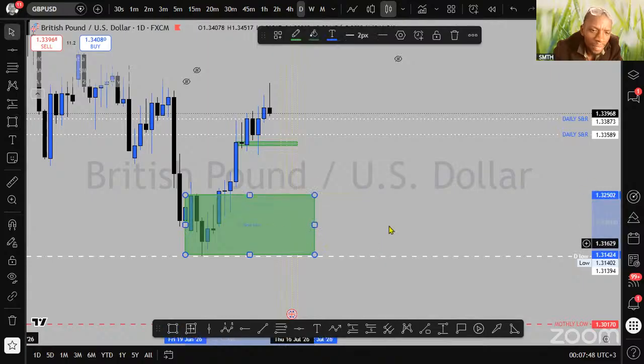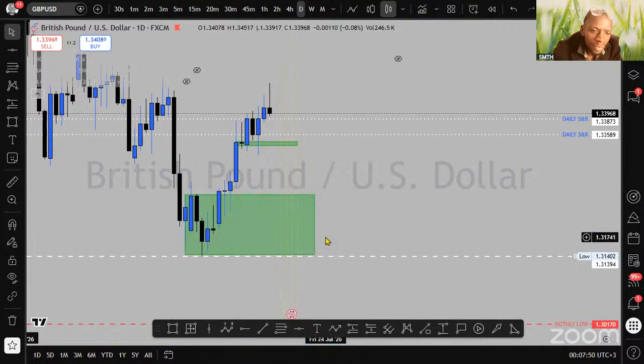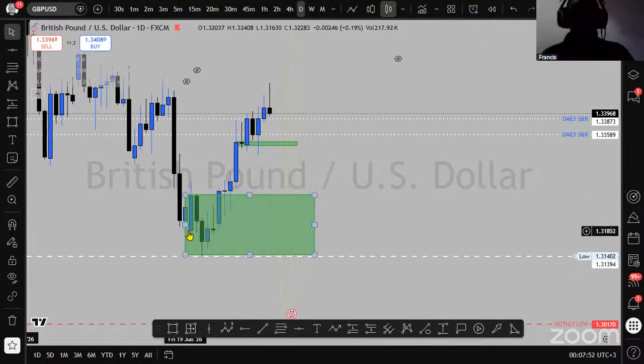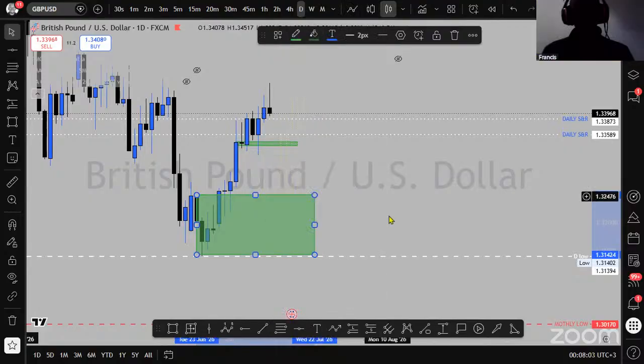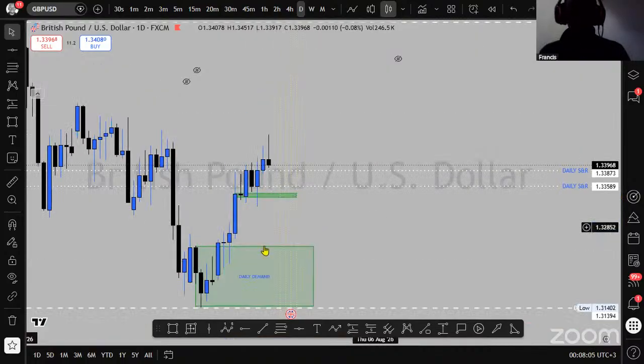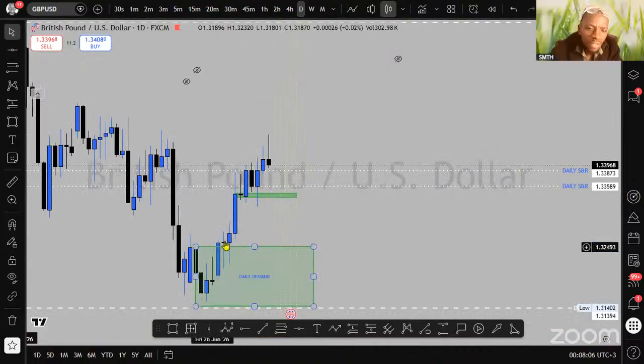I want to show you how you just do your quick markup so that it helps you very fast. So this is the farthest demand area. So you see, I've covered this support and I've also covered this.